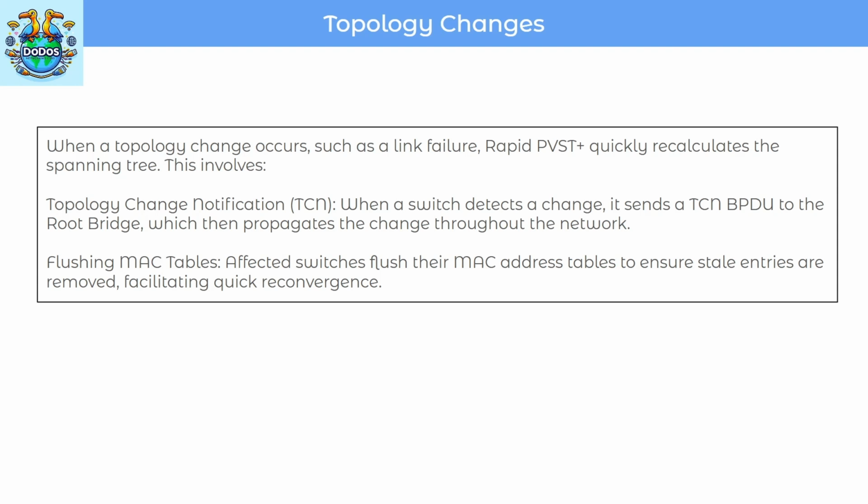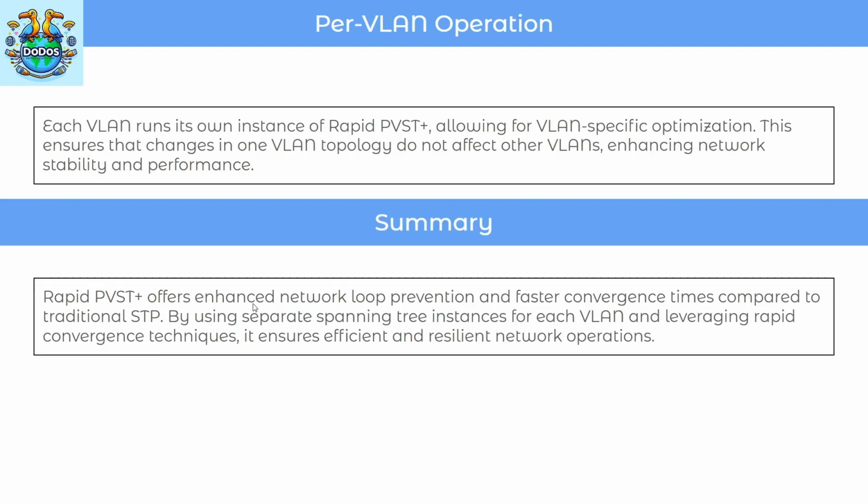And BPDUs are sent to each other every 2 seconds. So in a case where the topology changes, it sends a topology change BPDU to the root bridge, which propagates the change throughout the network. Flushing MAC addresses, or MAC tables. Affected switches flush their MAC address tables to ensure stale entries are removed, facilitating quick reconvergence.